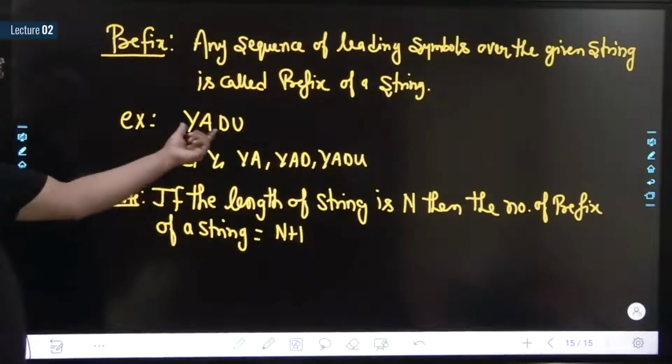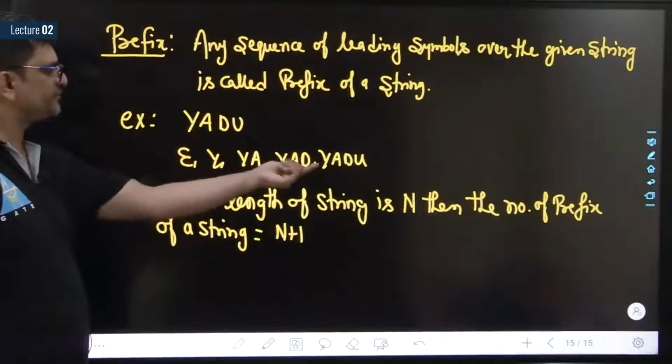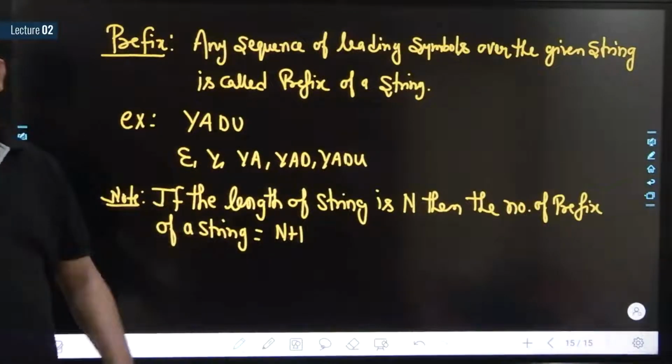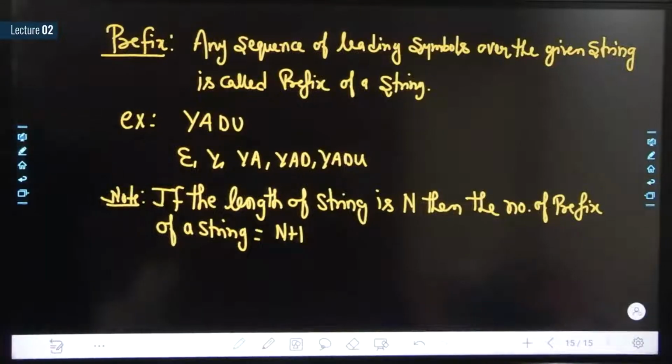Check: the length of the string is 4, then the number of prefixes is 5. Clear? Very good.